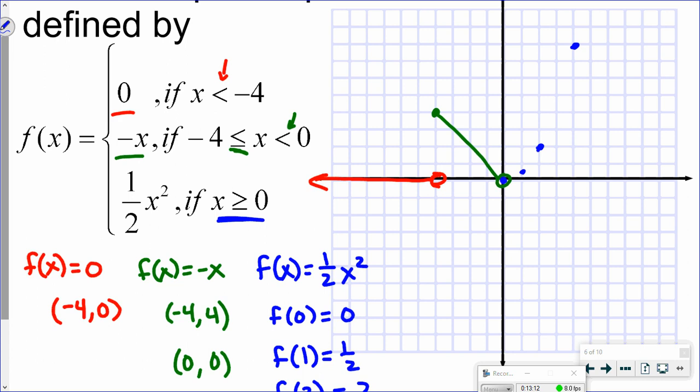Okay. And it's for everything greater than or equal to 0, so I do need to include an arrow here. That's going to keep going on. So if you only have one inequality sign, like we do here, then I only have one endpoint. If I have two inequality signs, like I did here and here, then I have two endpoints.